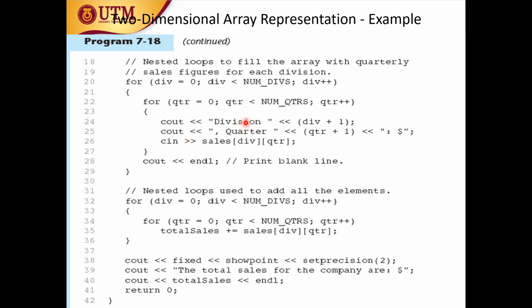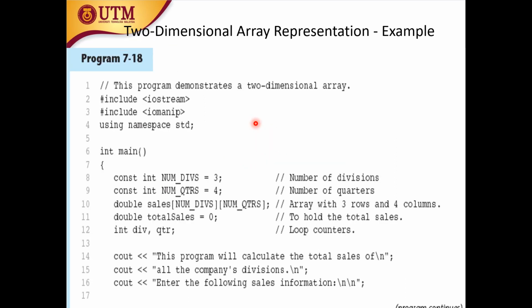Then it goes back again. So we need to specify the outer loop first, and then the inner loop. Then we can enter all the values of that two-dimensional array, which has 3 rows and 4 columns.